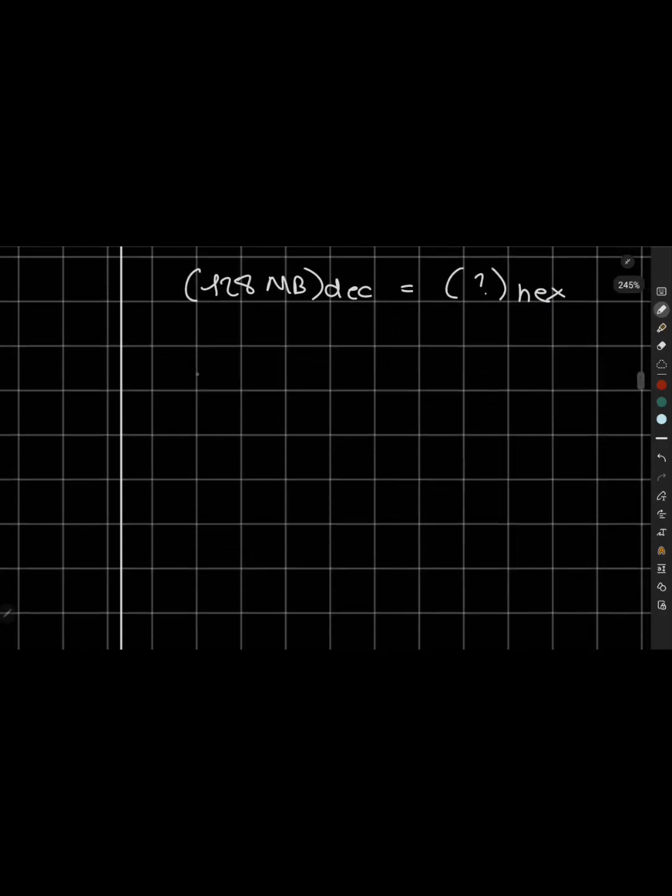I'm doing the same steps, so 128 divided by 16 is 8 with a remainder of 0, and then 8 divided by 16 is 0 with a remainder of 8.